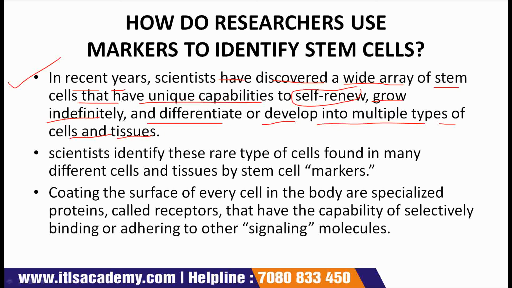Researchers now know that many different types of stem cells exist, but they are all found in very small populations in the human body.